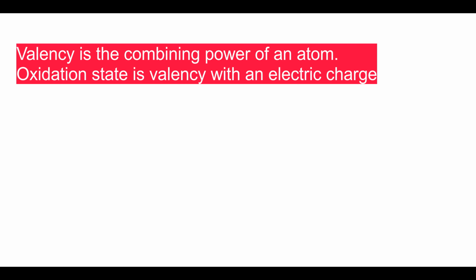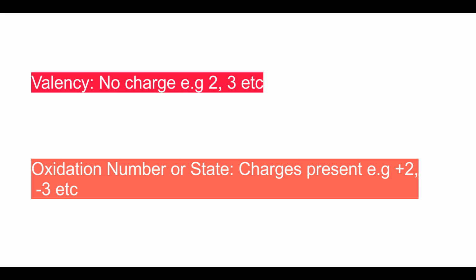So an oxidation number or state is a valency, but with an indication to show that it's a positive or negative charge. Valency has no charge while oxidation numbers have charges. They both help in constructing the formula of a compound.